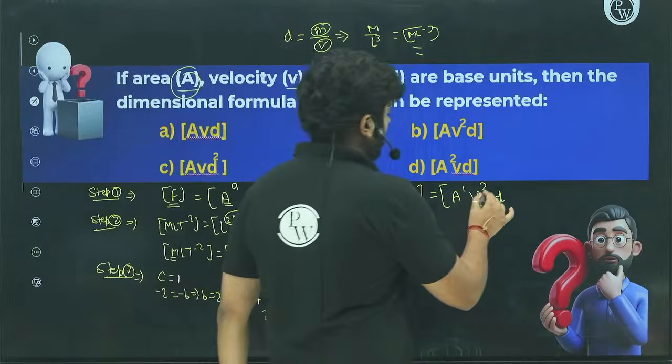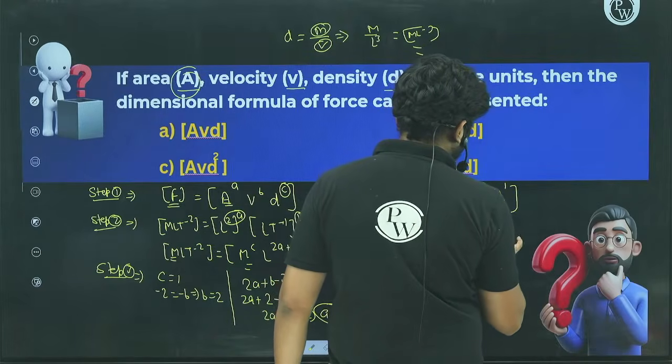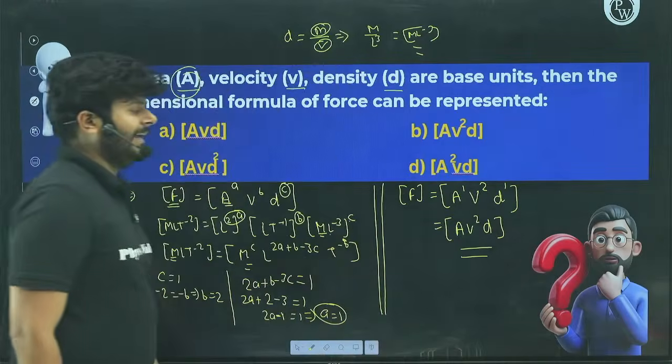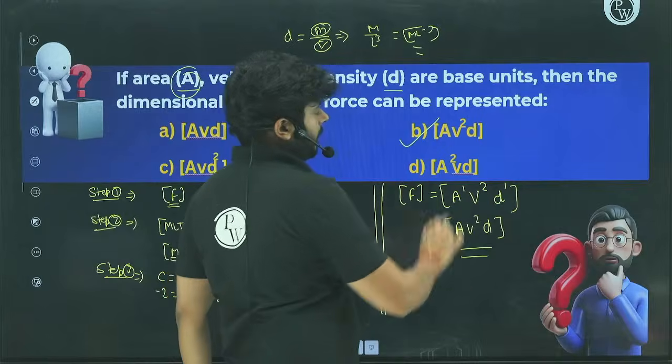So you can write all those things: A V squared D. This is how you calculate the dimensional formula, which is option B. Option B is the correct option.